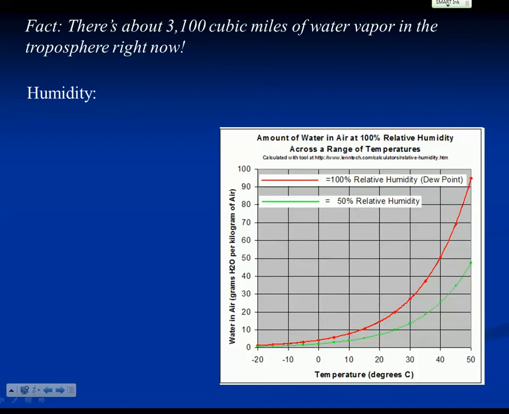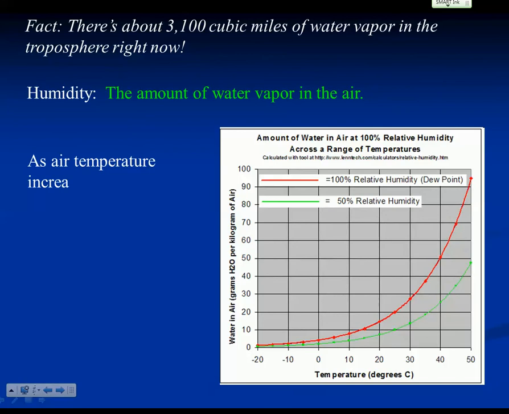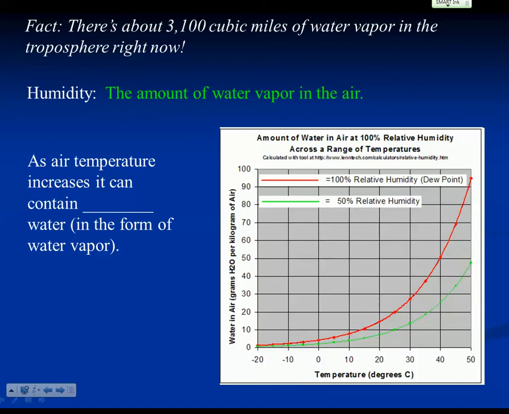Amazing amount of water. So what's this called? Well, we call it humidity, the amount of water vapor in the air. And we know that as air temperature increases, it can contain more water in the form of water vapor. You can see that by the upward curves on the graph to the right, which we're not going to get too much into now because they talk about some things I haven't taught you yet.